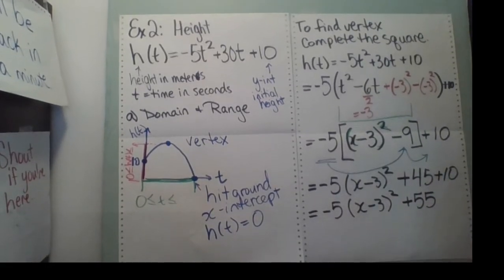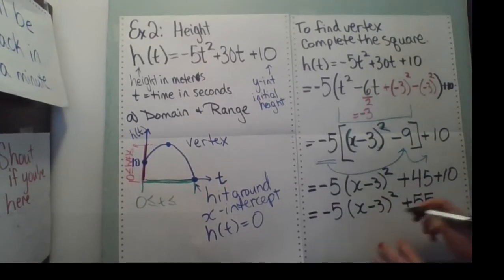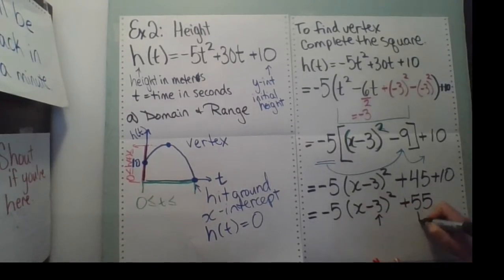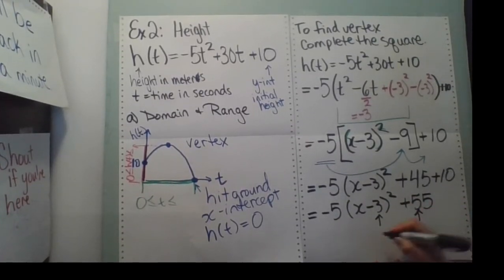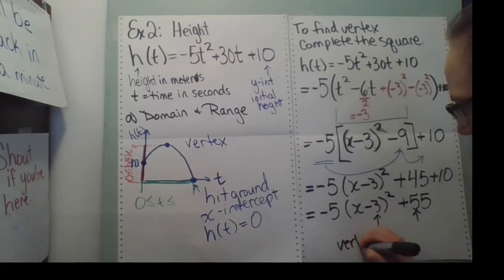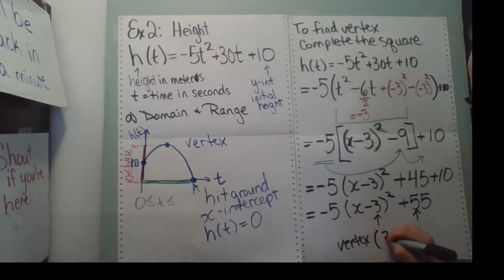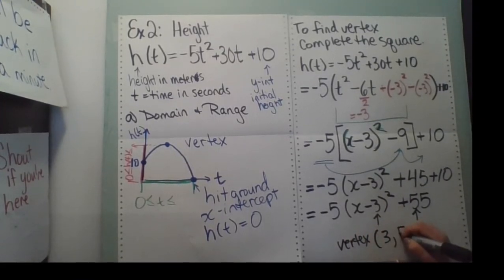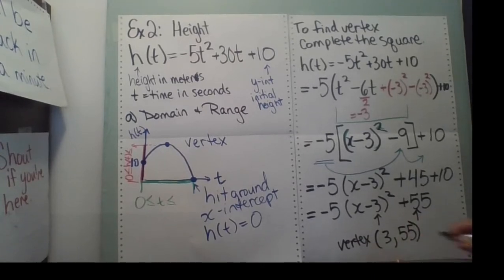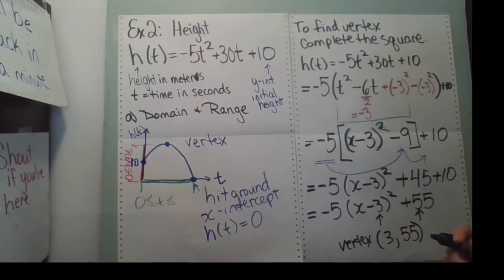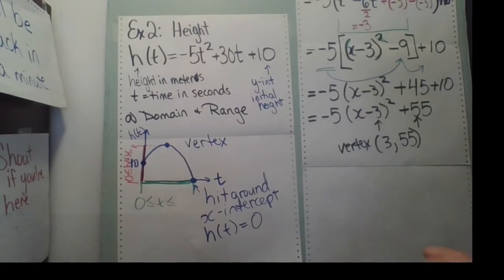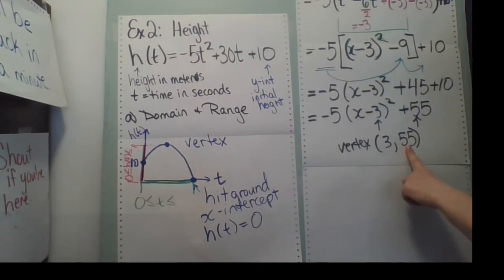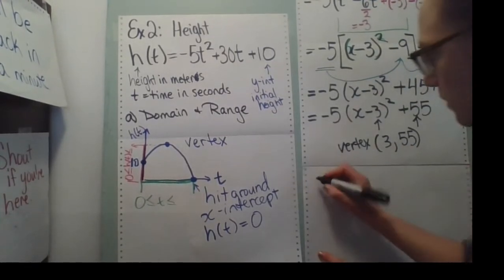So now I have my vertex. That's those lovely numbers. So my vertex is at 3, 55. Excellent. Now that we have our vertex, we can definitely say what our range is, now that we have our maximum height.